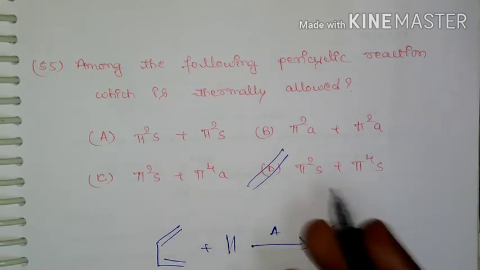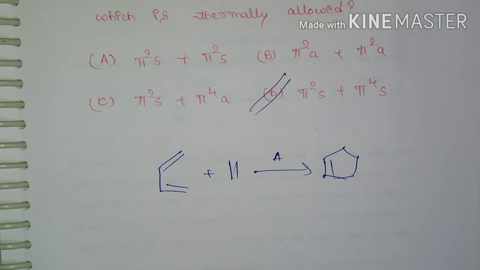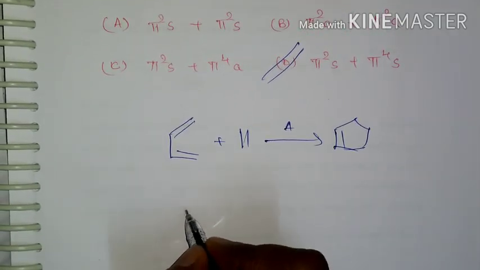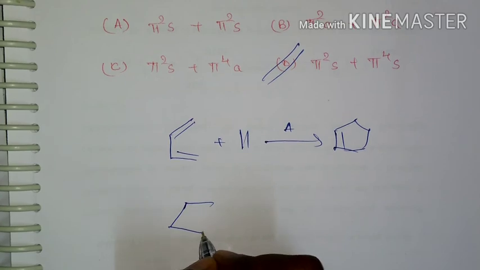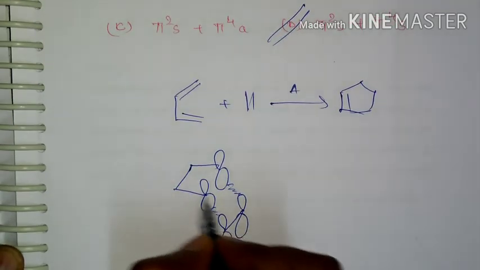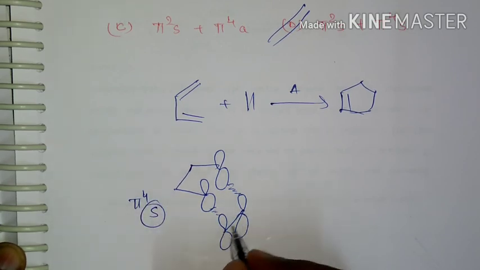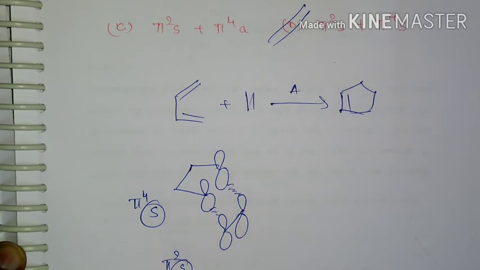This is on the basis of suprafacial interaction. Suprafacial to suprafacial means whatever the orbitals, they combine on the same side. Here the number of pi electrons involved is 4, with suprafacial interaction, and here the number of pi electrons is 2, also suprafacial. So it is thermally allowed. It is a 4+2 cycloaddition reaction, the well-known Diels-Alder reaction.